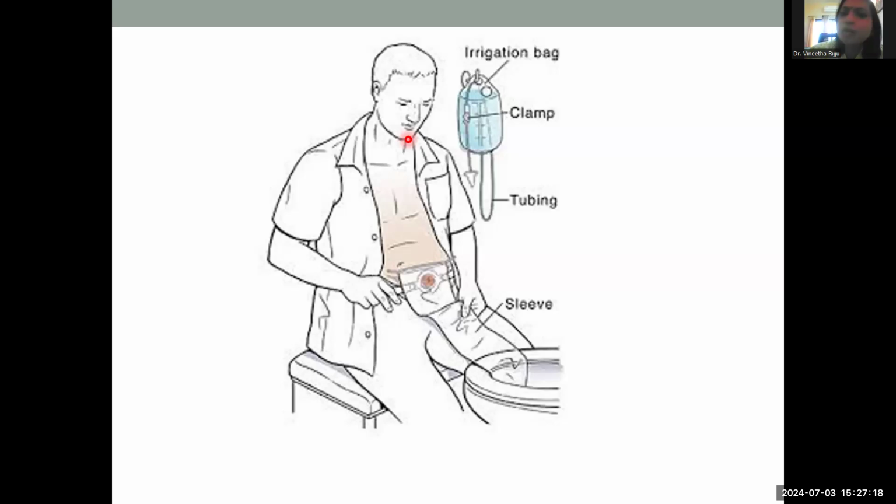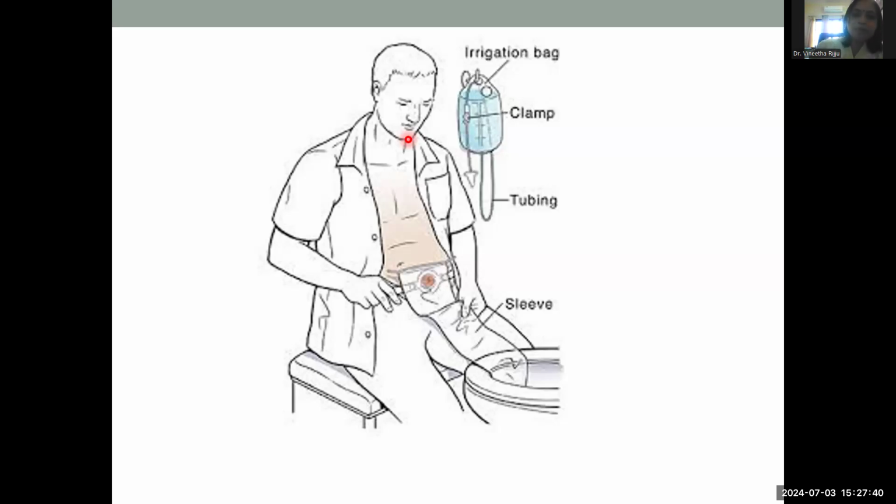Now this has to be practiced every day in the morning at the same time, continuously for about 21 days. After the water is let to run through, you take it out, attach the sleeve, and put the open end of the sleeve to the commode.